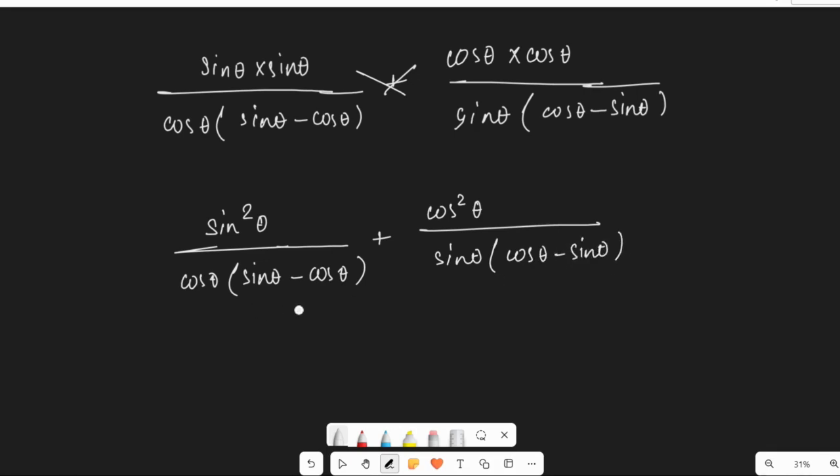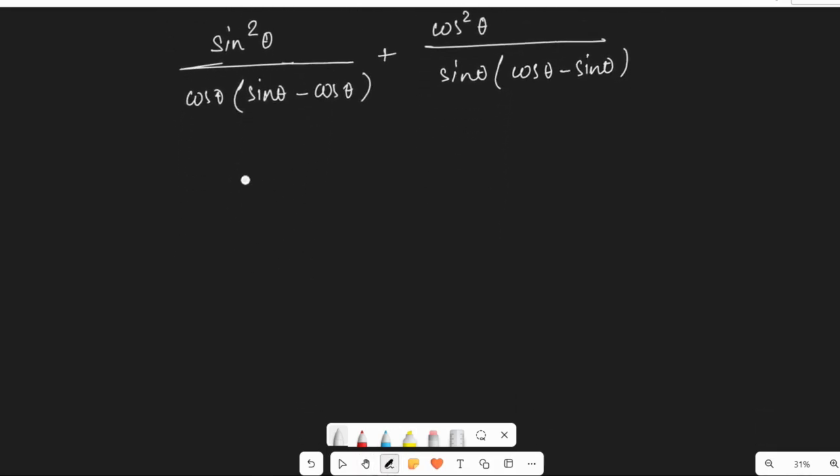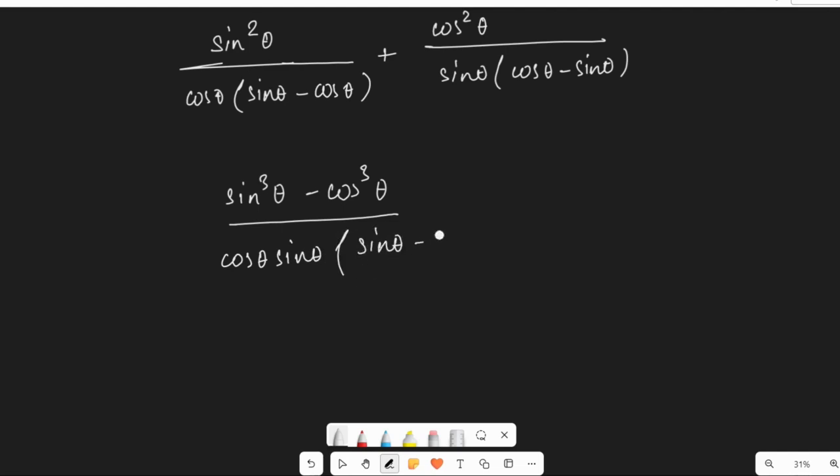And now let's cross multiply. This becomes (sine cube theta minus cos cube theta) by cos theta into sine theta into (sine theta minus cos theta), as sine theta and cos theta and (sine theta minus cos theta) are common in both the fractions.